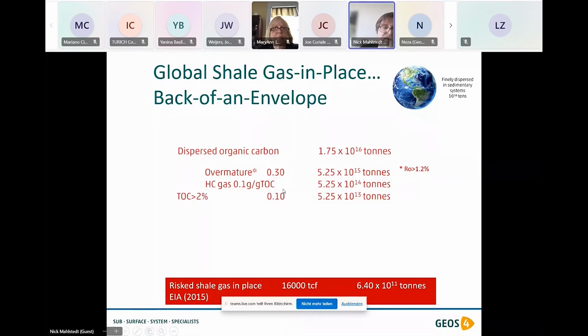And then, fourth assumption, only 10% of this carbon resides in organic-rich source rocks with TOC contents greater than 2%, and only 1% of those source rocks' carbon is in a prospective area for development. Okay, our found number was very close to that given by the EIA. So that tells us that the generalized assumptions were roughly correct.